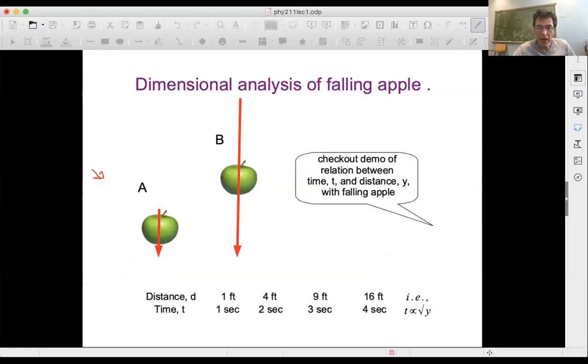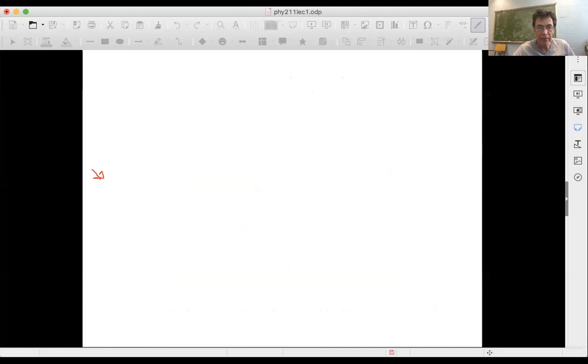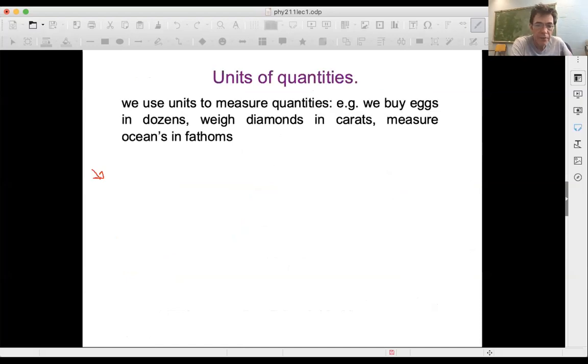Let me skip that, and get on to the last topic for today's class. And that's the units of different quantities. So we use units. You and I use units. You've used units since you were in kindergarten to measure quantities.